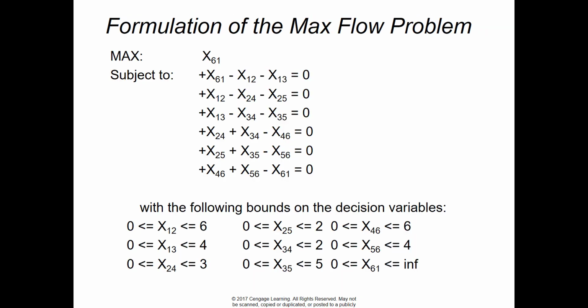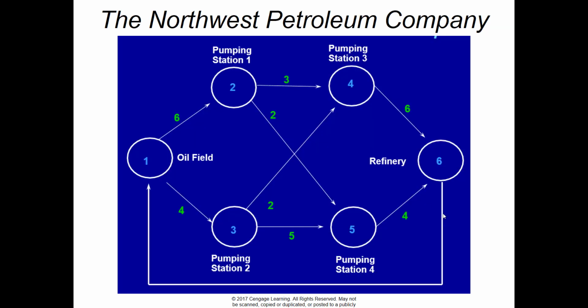The objective function is going to be x61, and for the constraints, for each node we write the inflow minus outflow equal to 0. So in this case for node 1 it is x61 minus x62 minus x13 equal to 0.